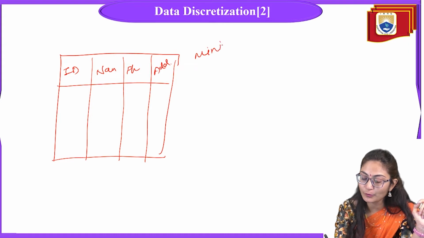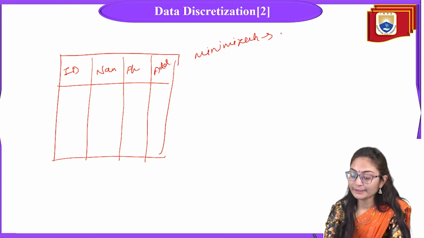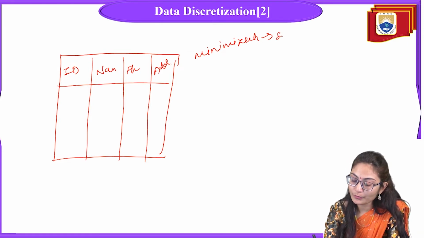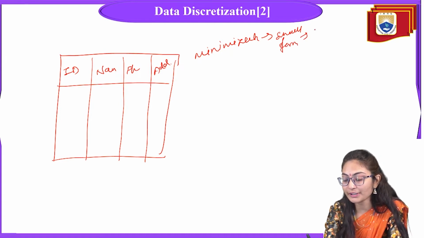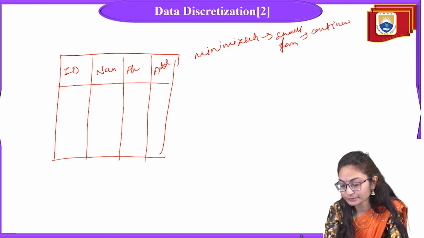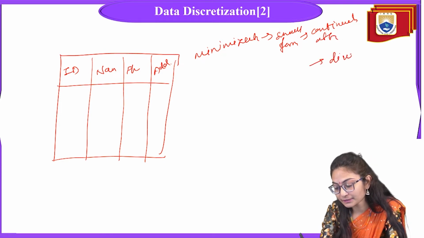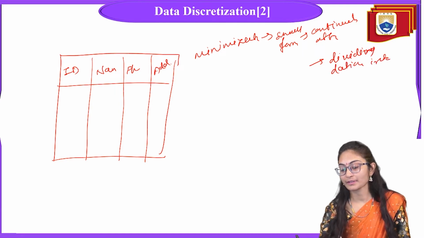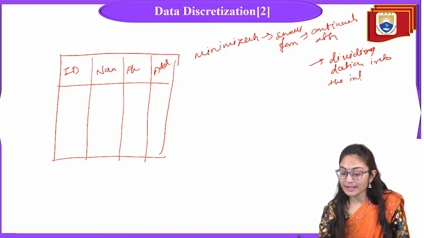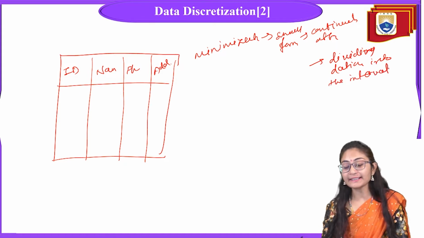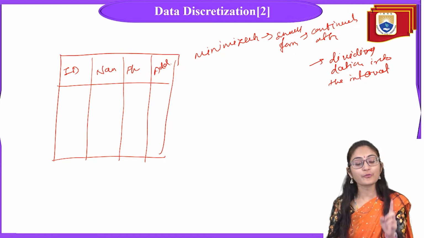It is the process of minimization into small forms from a continuous attribute by dividing the data into intervals. That means we are dividing our data in the form of intervals.